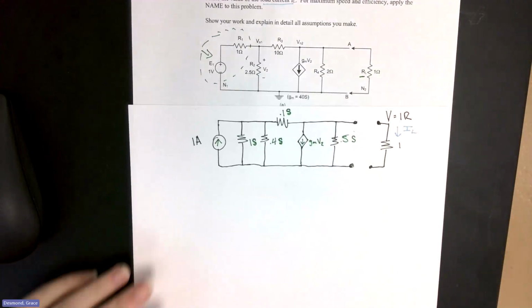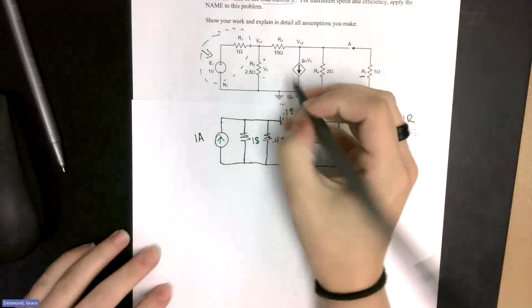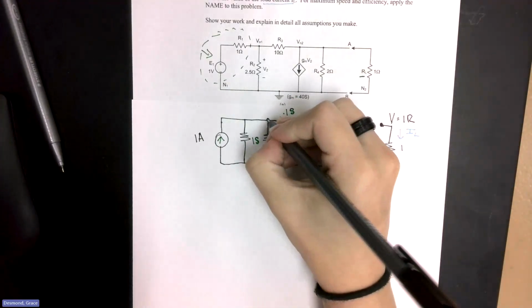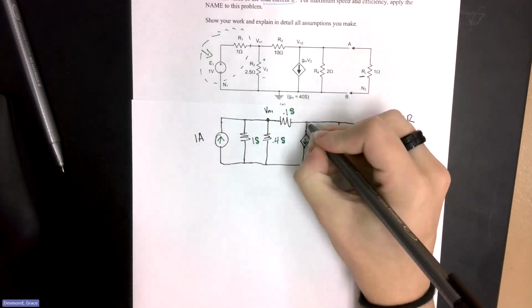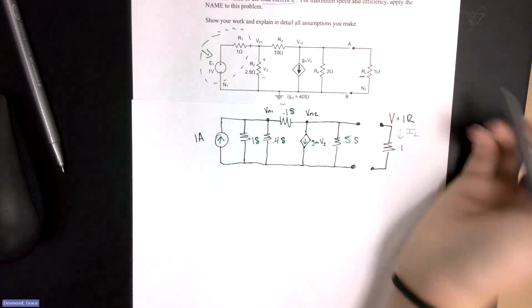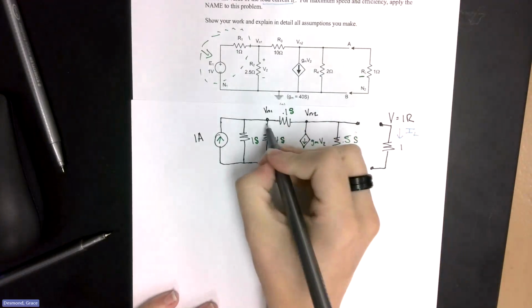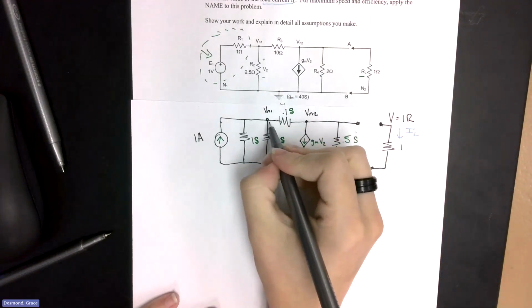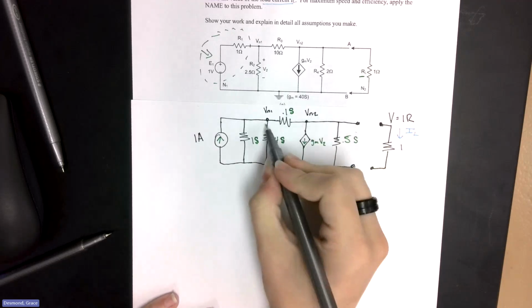Then what next? So we had our node voltages right here, VN1, and right here, VN2. What I also like doing, and you've been in my office hours, is to circle all of the places that VN1 actually is, because it's not just here.